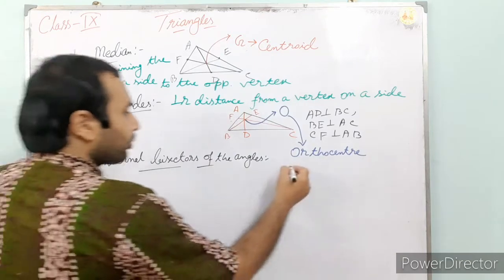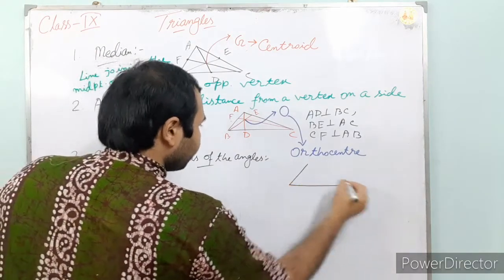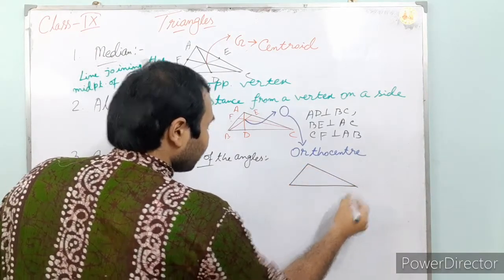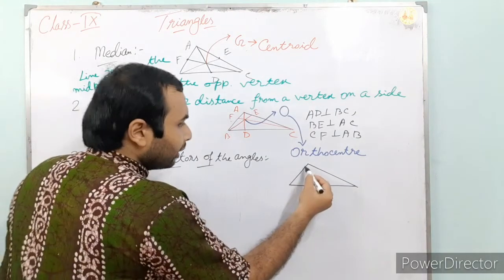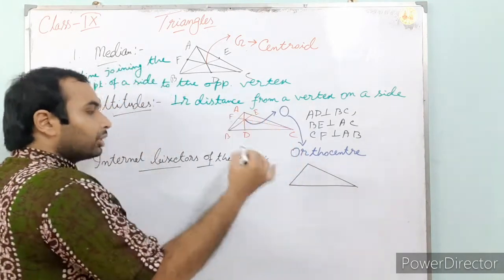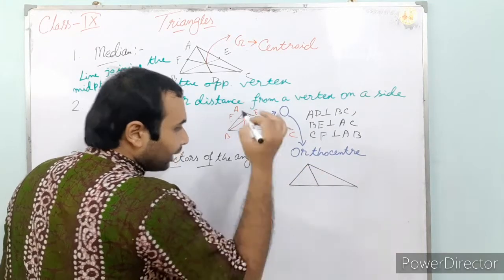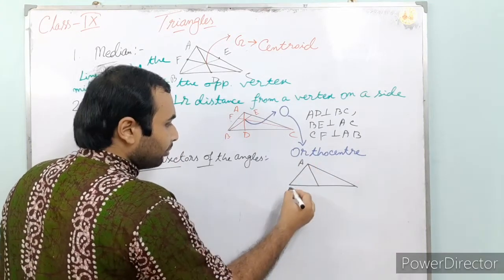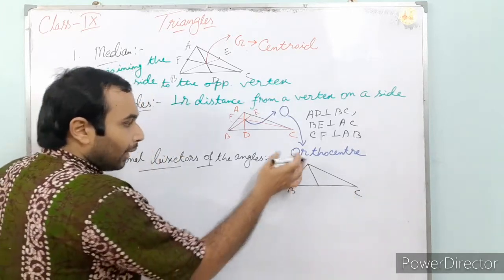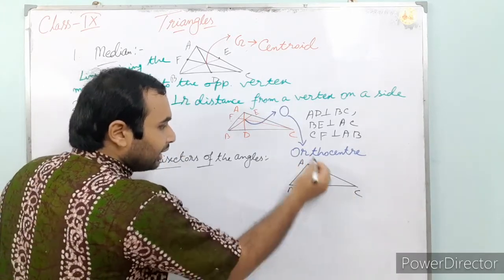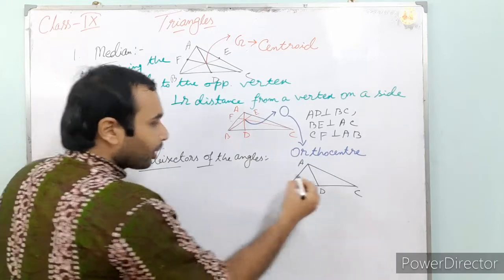That means if this is a triangle, then you can draw the internal bisector of the angle, this one. If we give the name ABC, then bisector of the angle BAC is AD.